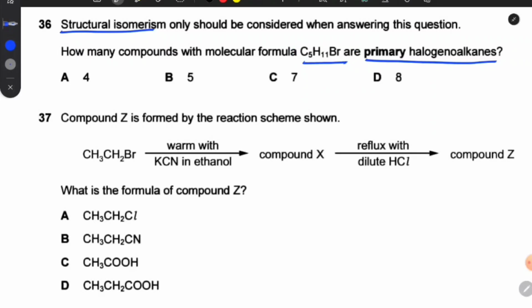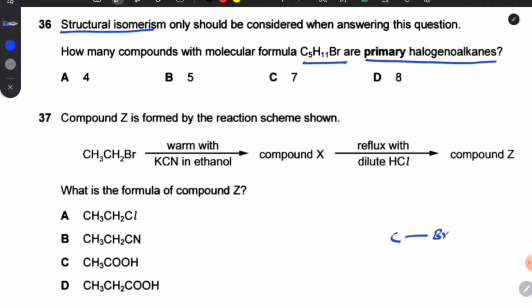Primary halogenoalkane, or primary carbocation, or any primary compound, means that there is a carbon which is directly attached to the functional group, like in this halogenoalkane, where we are having this Br as a functional group.